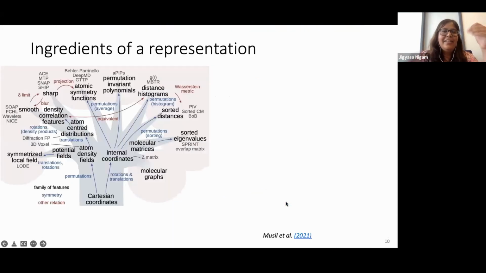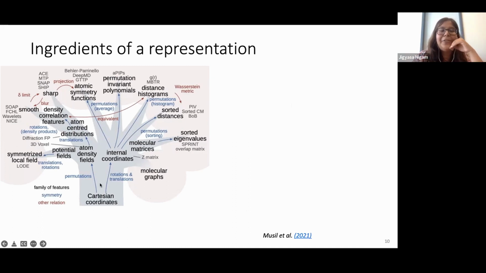So I will now quickly summarize for you all the spices that we have accumulated in our spice box so far. So over the last decade, a number of representations have appeared. And this is summarized in this tree from a figure in this paper that looks a bit overwhelming when you first look at it, but it's only because there's been so much progress, but it all seems to be related to each other.